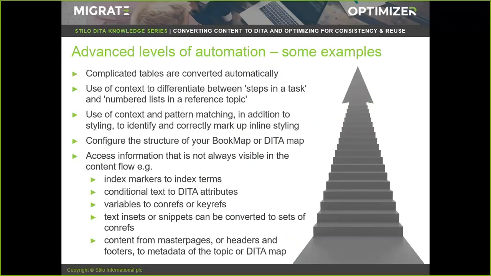Tables that have complicated column spanning and row spanning are trouble to convert by hand. It's laborious, it's time consuming, it's not fun. Migrate will do it automatically. So if you have a table in your input that has column spanning, row spanning, it'll come out exactly the same way in the DITA without us doing anything special to it.